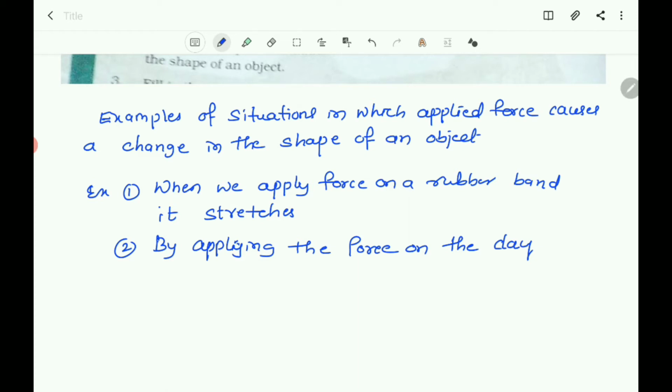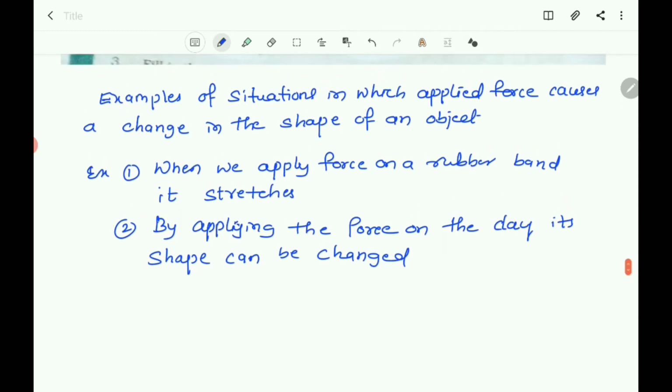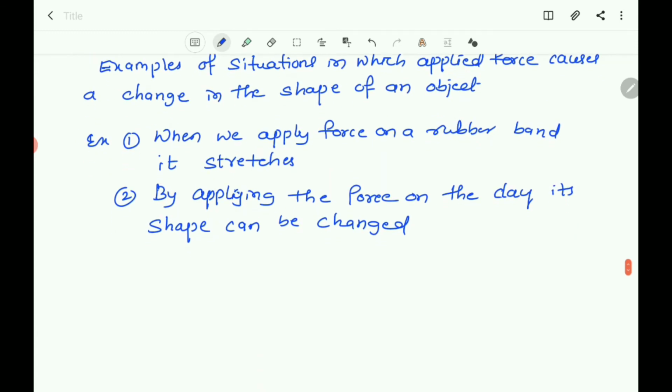By applying force on the clay, its shape can be changed. Or chapati making, that is also a change in shape by applying force.